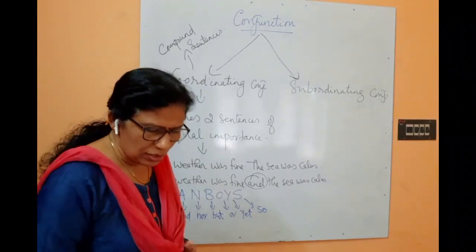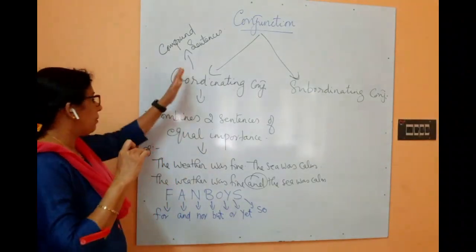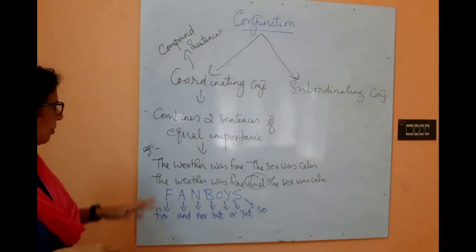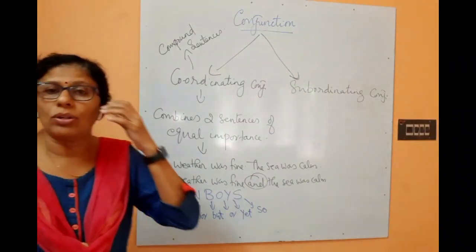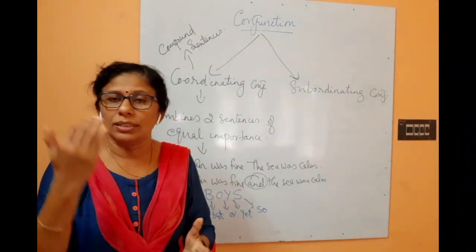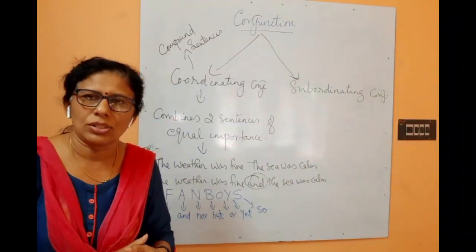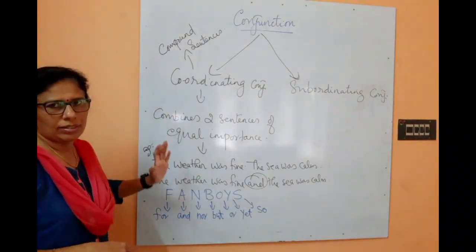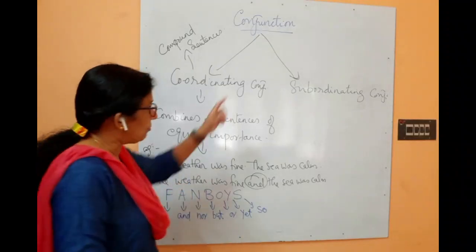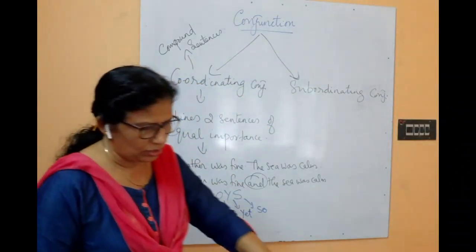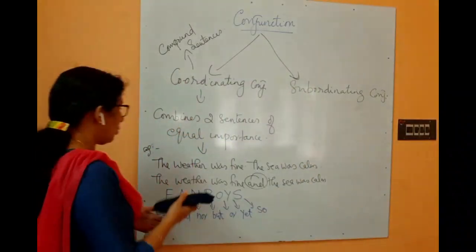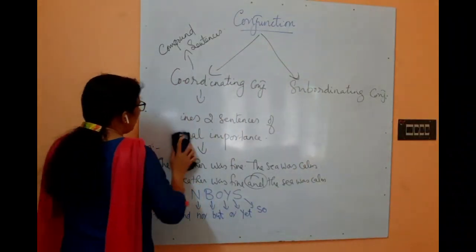It doesn't mean that only FANBOYS are coordinating conjunctions. Other than FANBOYS, there are some other conjunctions as well. After explaining subordinating conjunctions, I'll tell you which other coordinating conjunctions there are. Please copy it down.